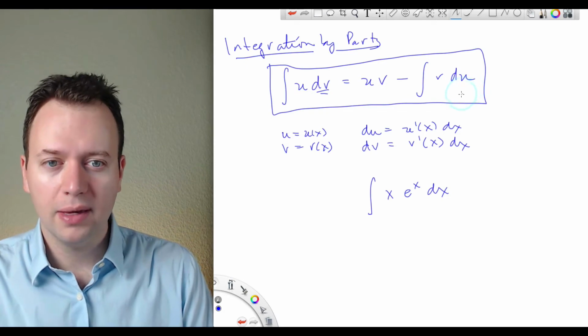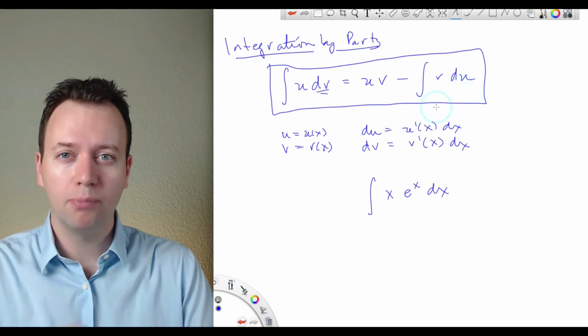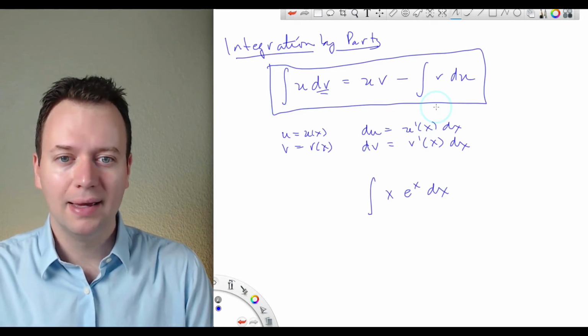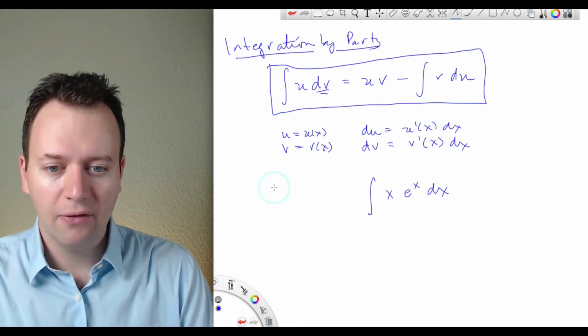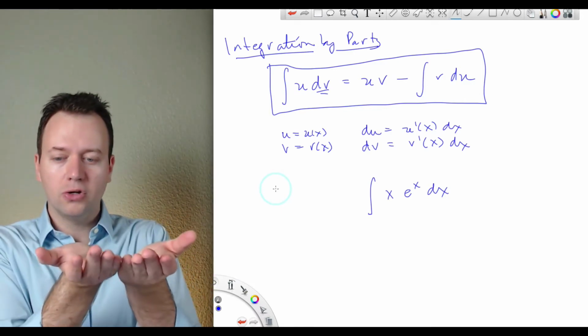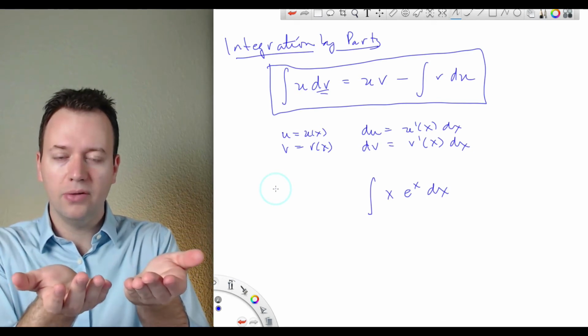So before we explain where this formula comes from, I'd like to point something out with this. Essentially what this is, it's kind of like some sort of pulley system, like an elevator. So we have two functions u and v, or u and dv, that are initially in our integral. So u is here, and then dv is right there.